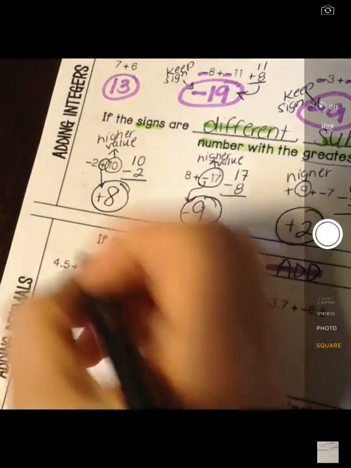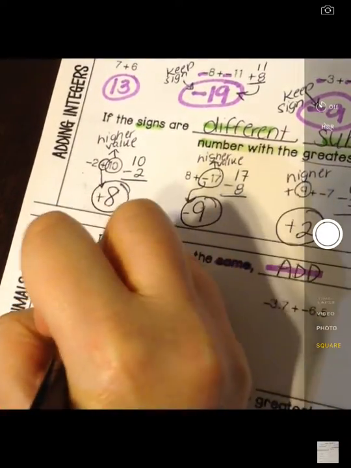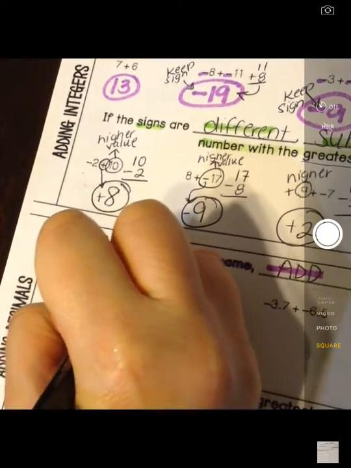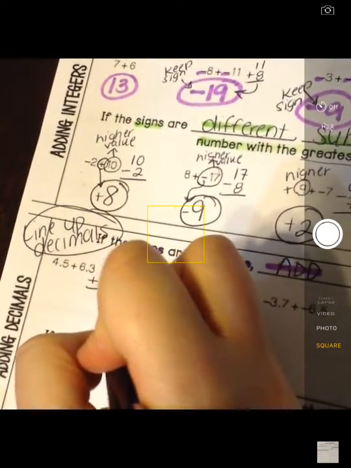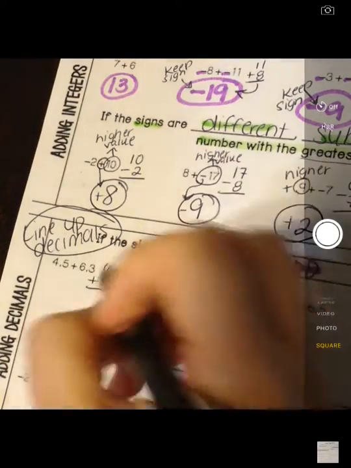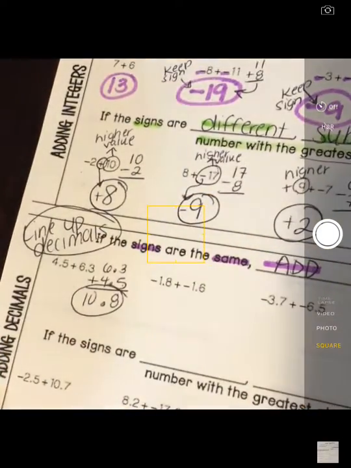This is, again, simple addition. They're both positive. So 6.3 over 4.5. Don't forget to line up your decimals. So 3 plus 5 is 8.